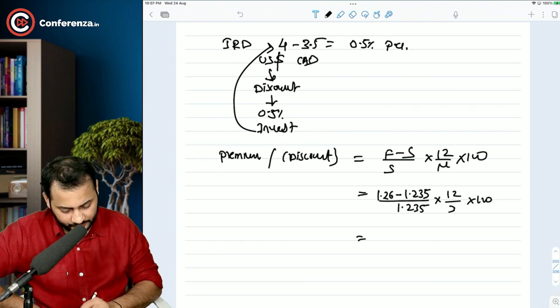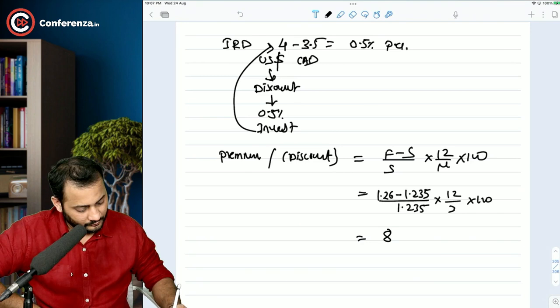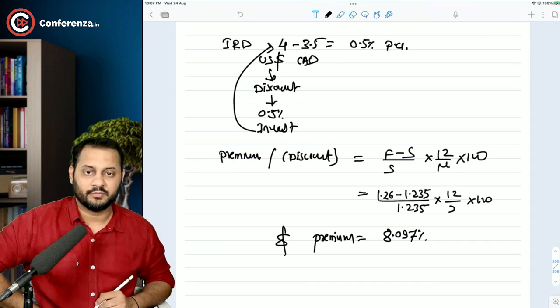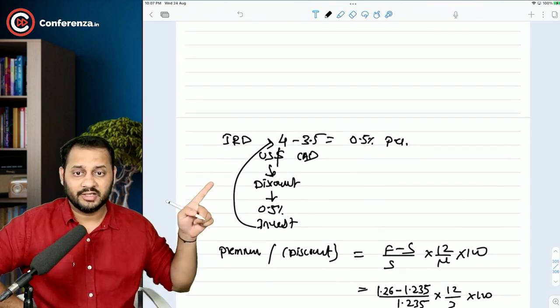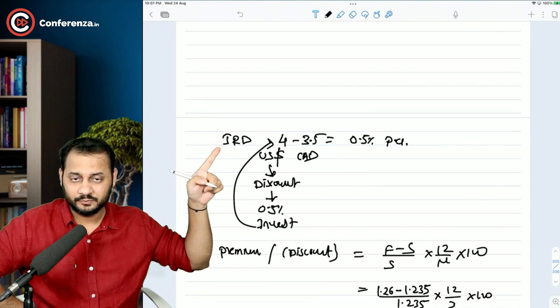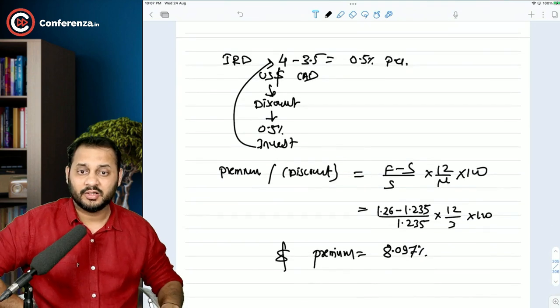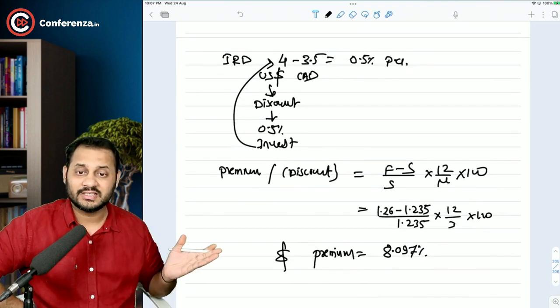You can see it is at premium. Which is at premium? Dollar is at premium. Whereas the dollar is the high interest rate currency. It should be at a discount of 0.5%, but forget about the discount, it is at a premium.